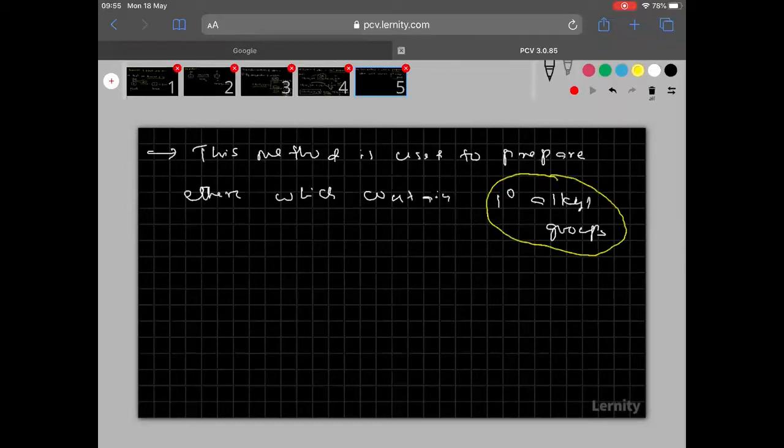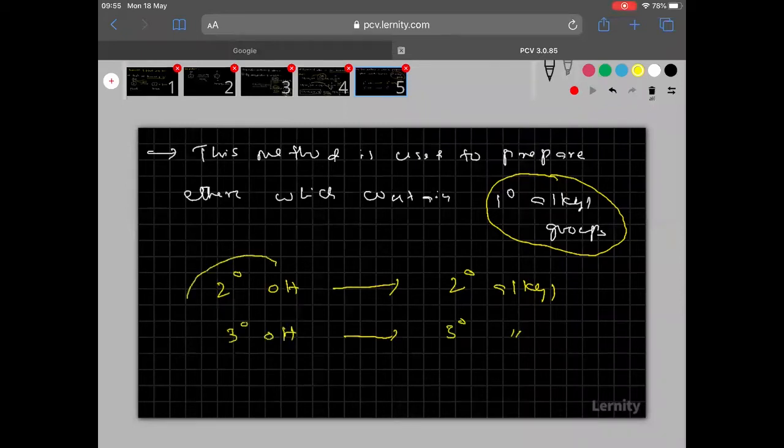Remember, if the ether contains a secondary alkyl group and you want to prepare it, for that you have to take which alcohol? Secondary alcohol. If you want to prepare an ether which contains a tertiary alkyl group, you have to take tertiary alcohol. But secondary and tertiary alcohols undergo dehydration and form alkenes, but not ethers.